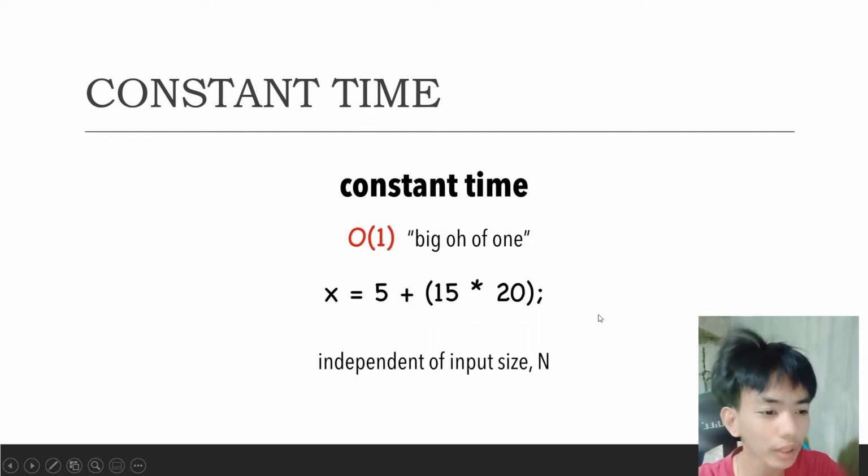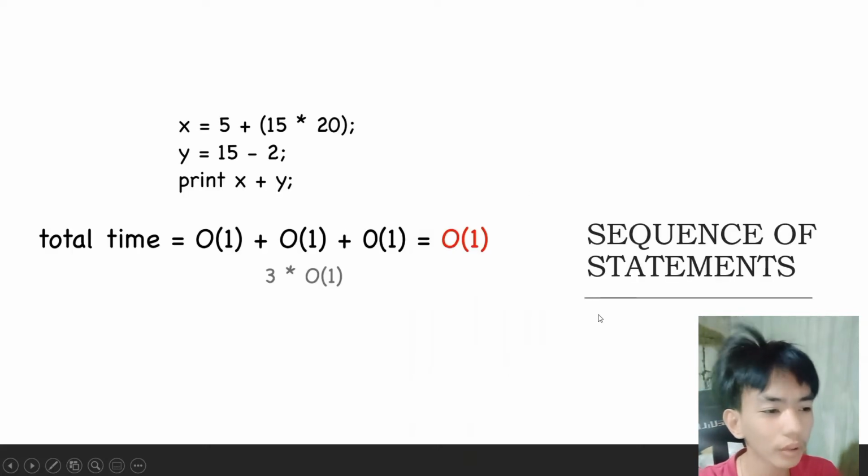ini-ignore niya yung constants. Dito naman tayo kung sequence ng statements. The problem is x is equals to 5 plus 15 times 20, y is equals to 15 minus 2, z is equals to x plus y. How to get the Big O? Paano natin makuha?